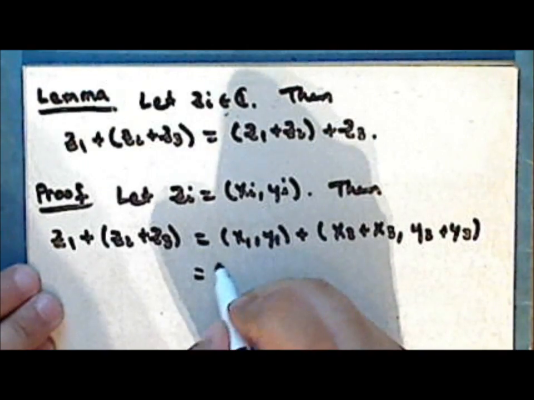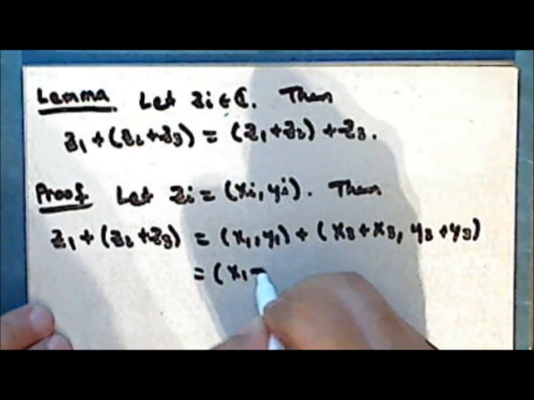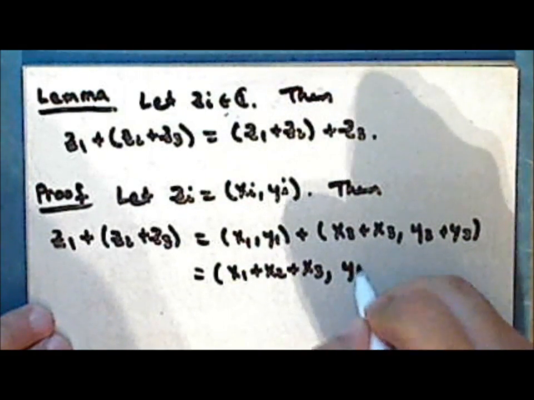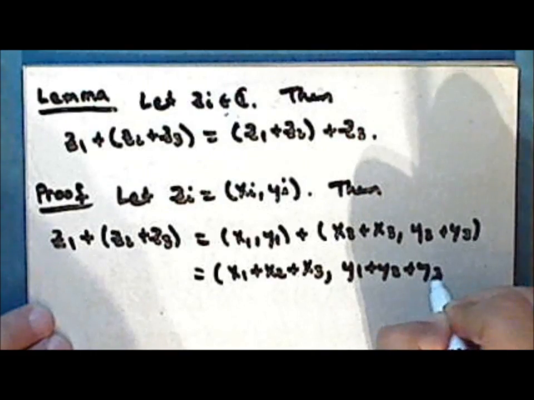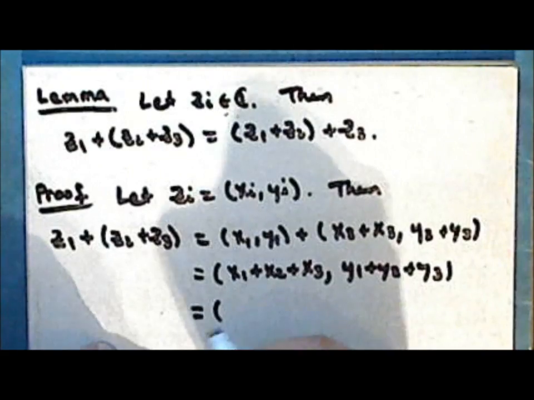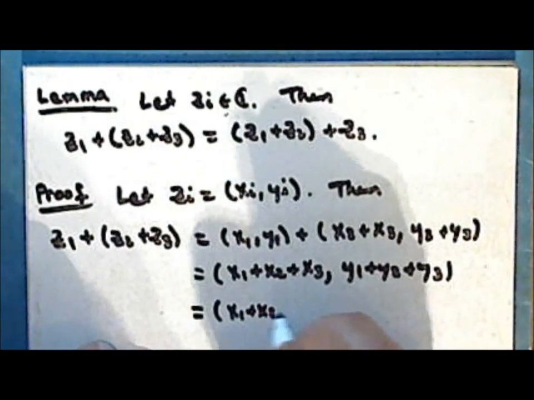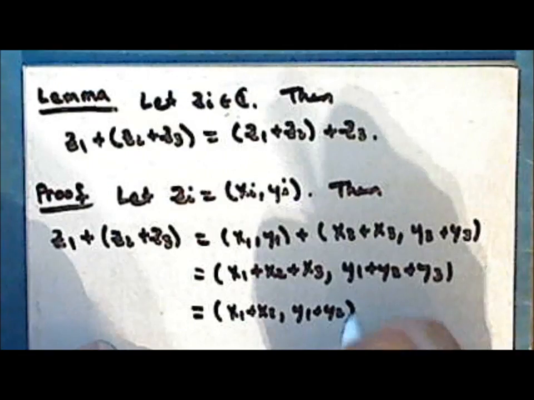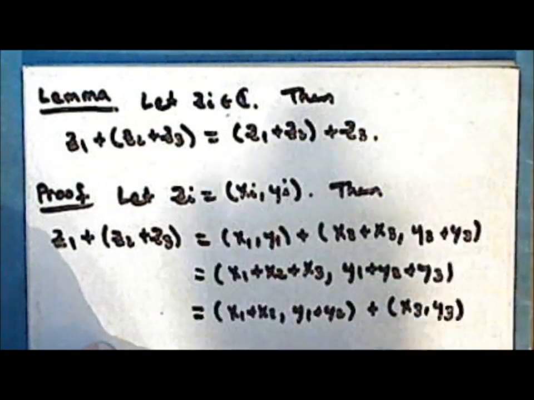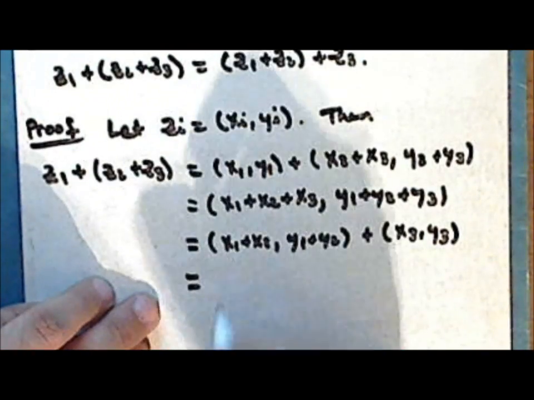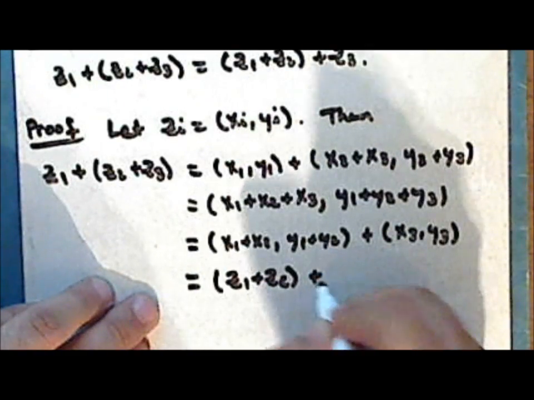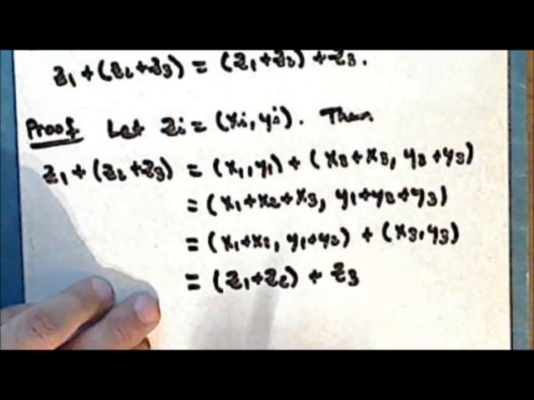This is the ordered pair which has the real part x1 plus x2 plus x3 and the imaginary part y1 plus y2 plus y3. This is the same as the sum of the two ordered pairs x1 plus x2, y1 plus y2 with the ordered pair x3, y3. And so this is the sum of the quantity z1 plus z2 with the complex number z3. All right?